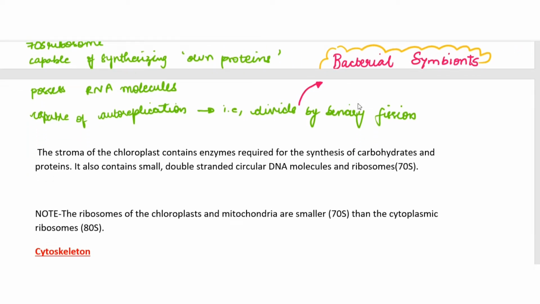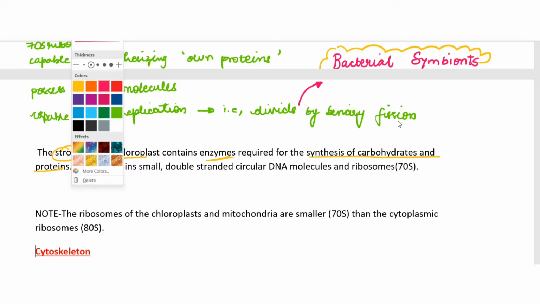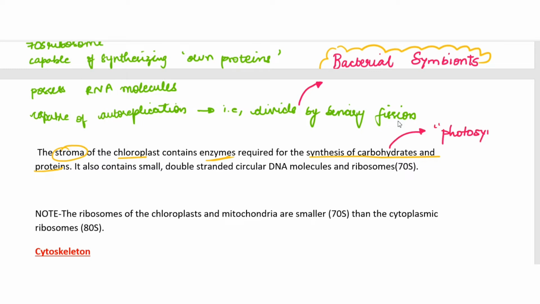They have their own double-stranded single circular DNA, and they possess RNA molecules and ribosomes. Important: the stroma of chloroplast contains enzymes required for carbohydrate and protein synthesis, which means photosynthesis. It also contains small double-stranded circular DNA and ribosomes, that is of 70S.